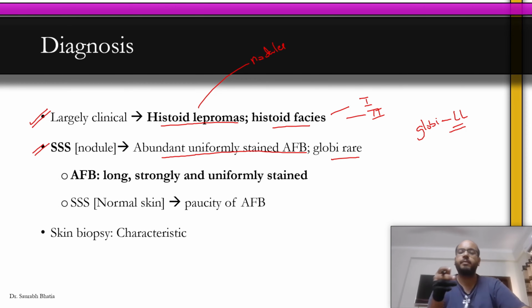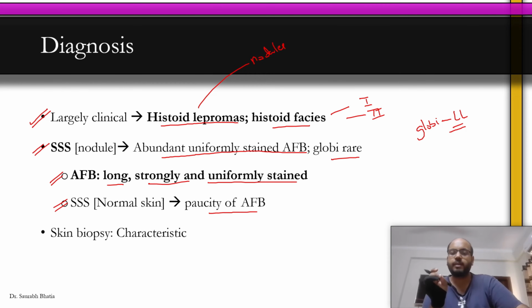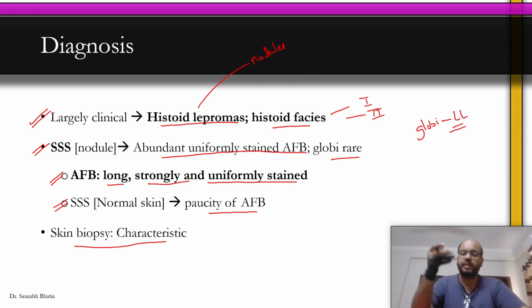But in histoid leprosy, you will see singly lying or solitary M. leprae, multiple M. leprae filled in the foamy histiocytes. When we do an AFB stain on the slit skin smear, we find long, strongly and uniformly stained bacilli. If we do a slit skin smear of normal skin, you will see paucity of AFB. That means AFB are present but very less in number as compared to the nodules, and that is why the surrounding skin appears normal. If we do skin biopsy, characteristic features are seen, which we will discuss in detail in subsequent slides. Let's move forward.